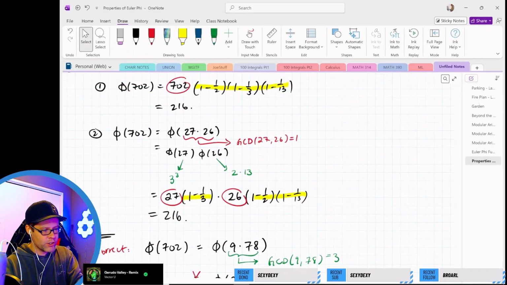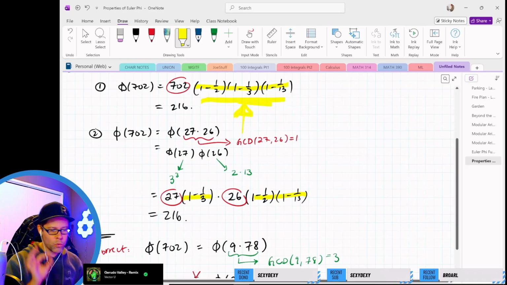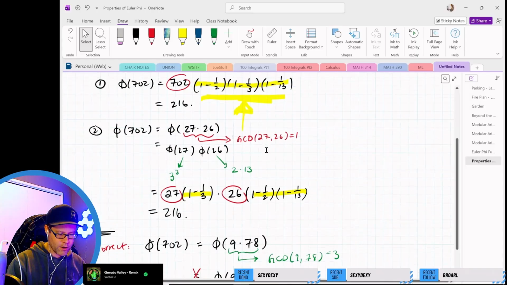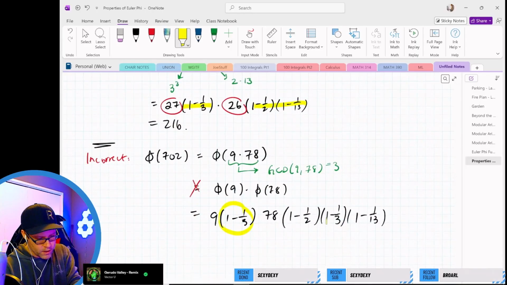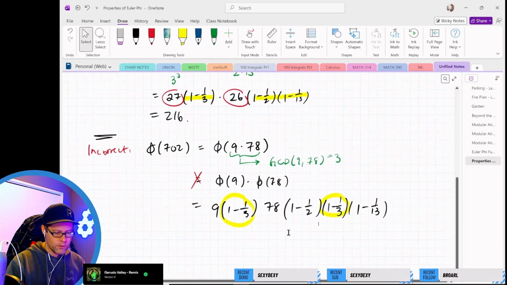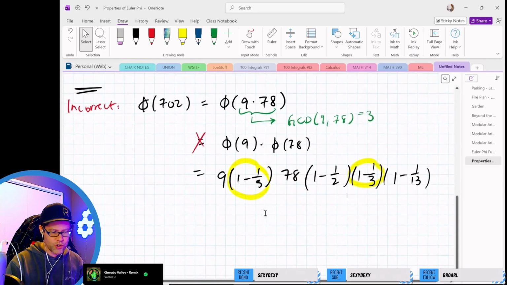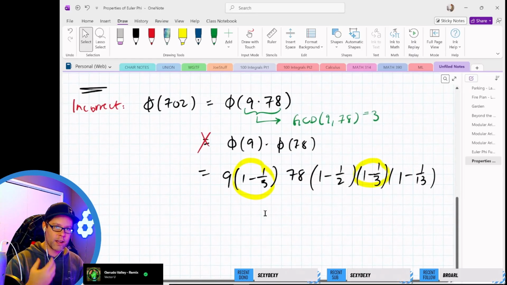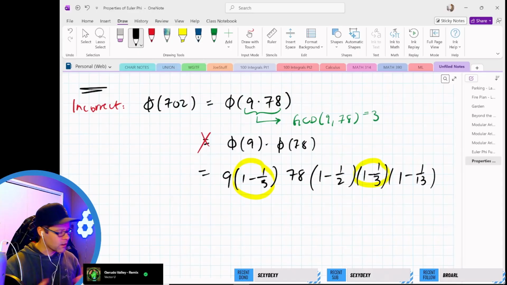In our original case up here, we only needed one copy of the 1 minus 1/3. Down here, because the GCD is 3, we actually double copy that factor of 3. So this is why it's important to have the GCD of 1. GCD of 1 just ensures that we don't double copy or double multiply one of these factors and end up with some incorrect output.